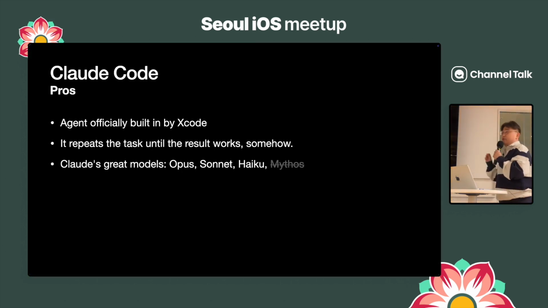Yeah, Claude Code is the best way for it. The agent is officially built into Xcode. It repeats the task until the result works somehow. Claude has great models: Opus, Sonnet, Haiku, Mythos not yet.